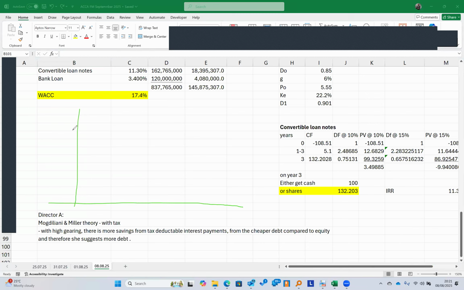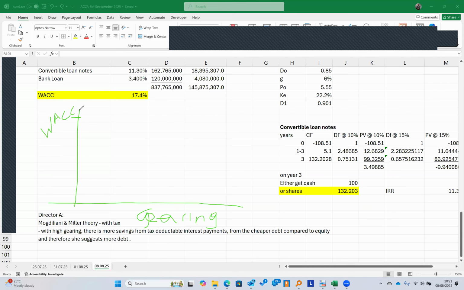I can't write because I don't have a touch machine, but imagine gearing on the horizontal axis, and the cost or the WACC on the vertical.